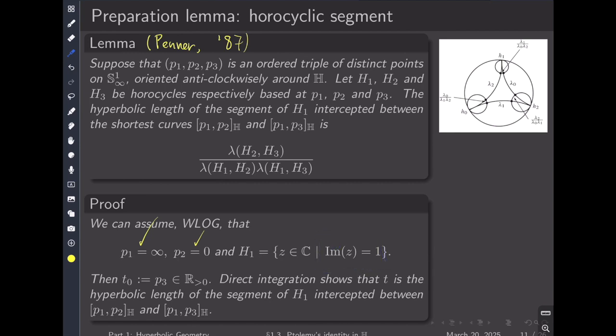Why? Because when I know it's a horizontal line, I can just multiply by a positive real number to normalize it. Okay, so good.